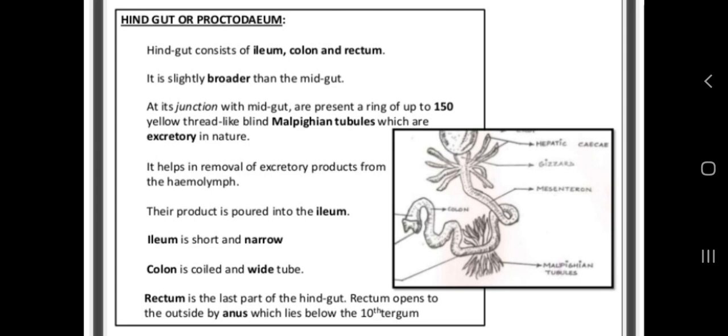It is the last part of the alimentary canal. It is a short and swollen part. The inner wall of the rectum is folded into 6 longitudinal folds. This longitudinal fold is called the rectal papillae.